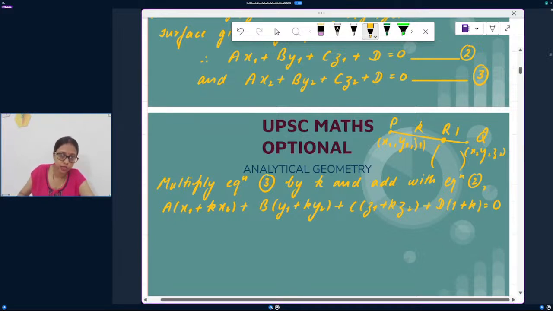Dividing by 1 + k, it is actually the equation of that same surface, but instead of xyz, I have a point.